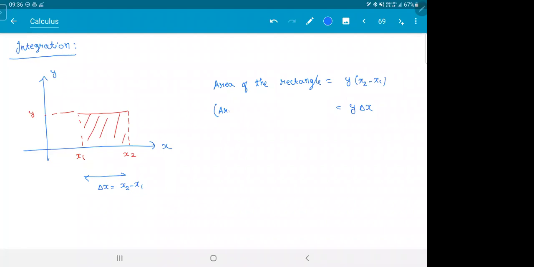We also say this thing as area under the curve.